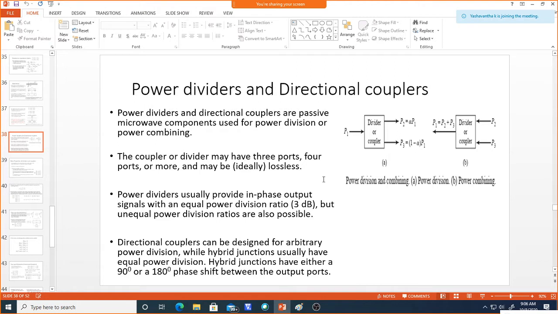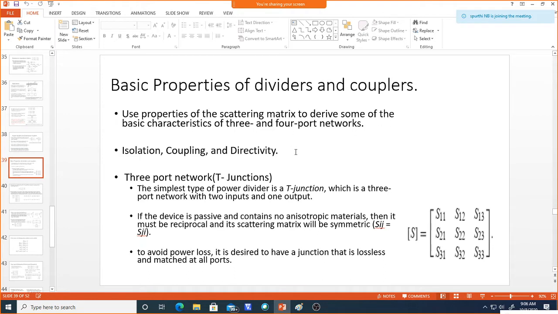Even lossy power dividers also exist, in order to match properly and to get isolation at the output ports. Different types of power dividers exist, and we will see them later. Now, by using the S matrix, or scattering matrix, properties, we can derive some of the properties of directional couplers as well as power dividers. Using these scattering matrix properties, we can see what basic characteristics we can get for 3 and 4 port networks.